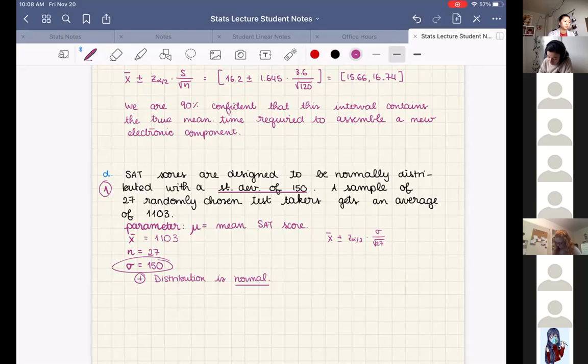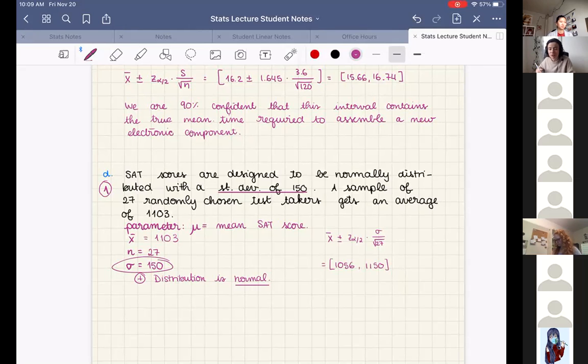If you do this, you're going to find the interval. I put the integers only, so I got 1056 to 1150. I rounded to the nearest integer just because SATs are integer numbers, but it doesn't really matter.